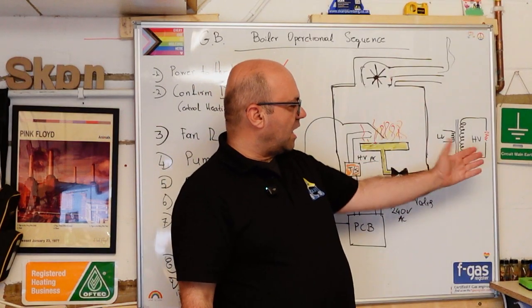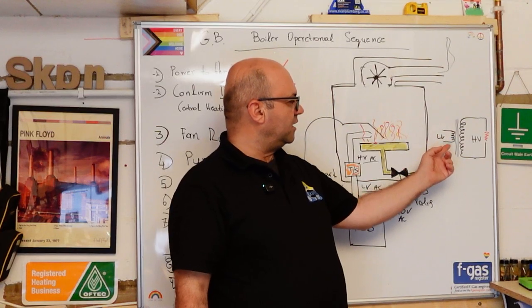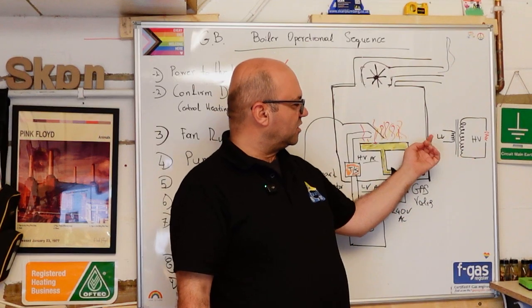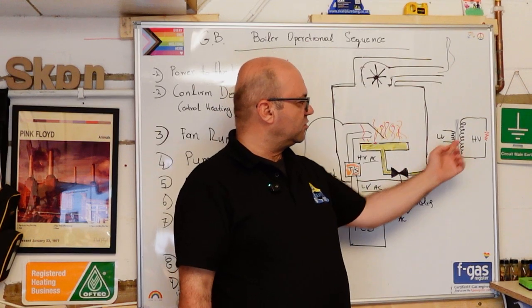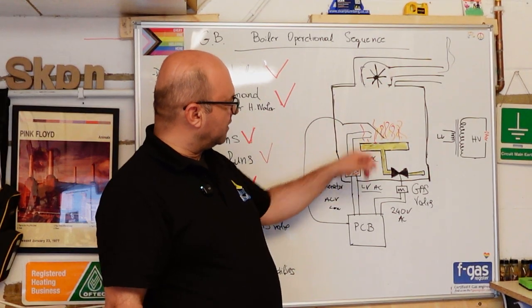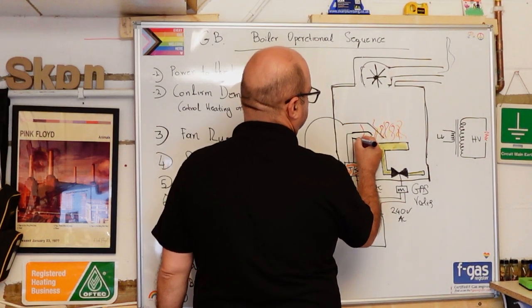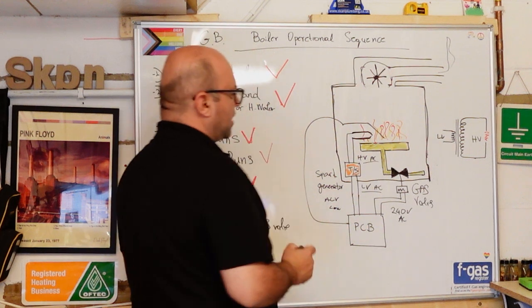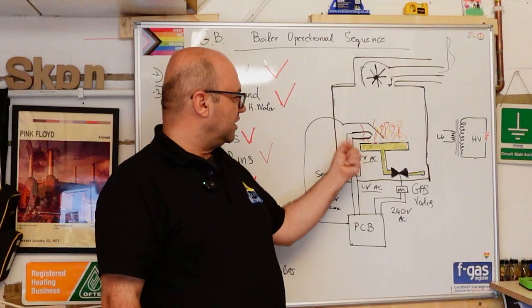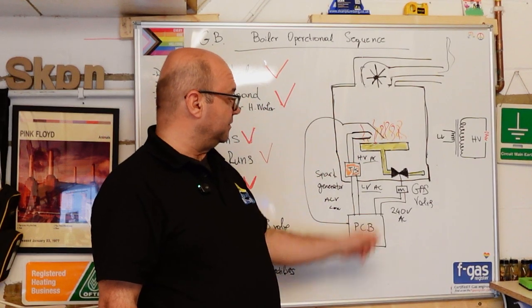How that happens: we have two coils, one with a small amount of windings and another one with a big amount of windings, and it transforms the low AC voltage to a high voltage AC at the output. That way we have the two spark probes here, and straight away sparks, and as long as the gas valve releases the gas, it ignites the mixture of air and gas, and we have a flame.